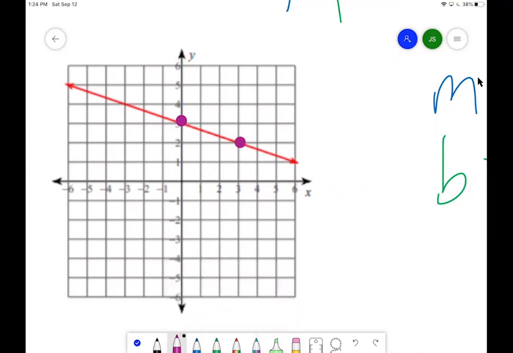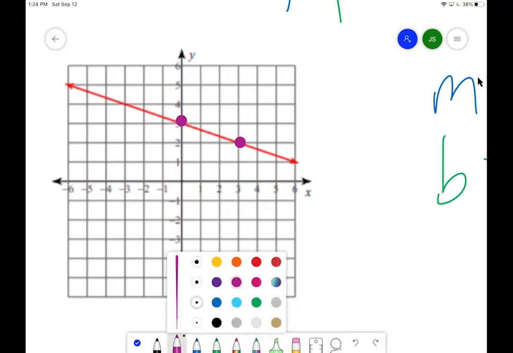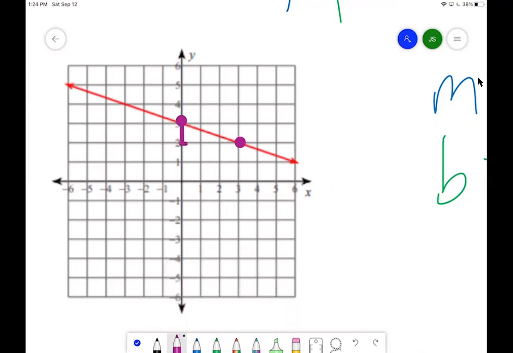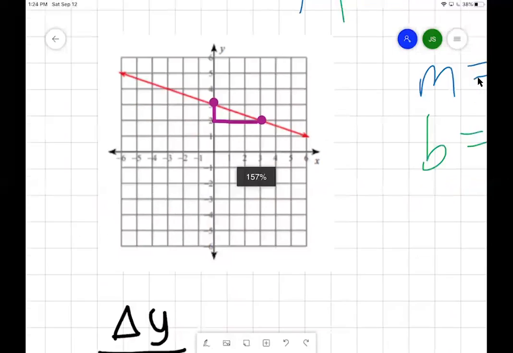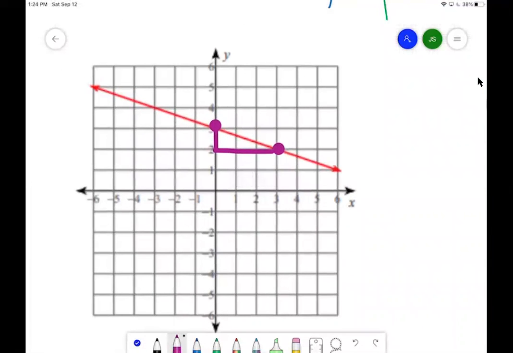So I see there's another point right here. Now I need to create my staircase step. So I'm going to go down and I'm going to run. I'm going to go down 1, so that's the reason why I put that negative sign there. And then I'm going to run 3 to the right, which is positive.